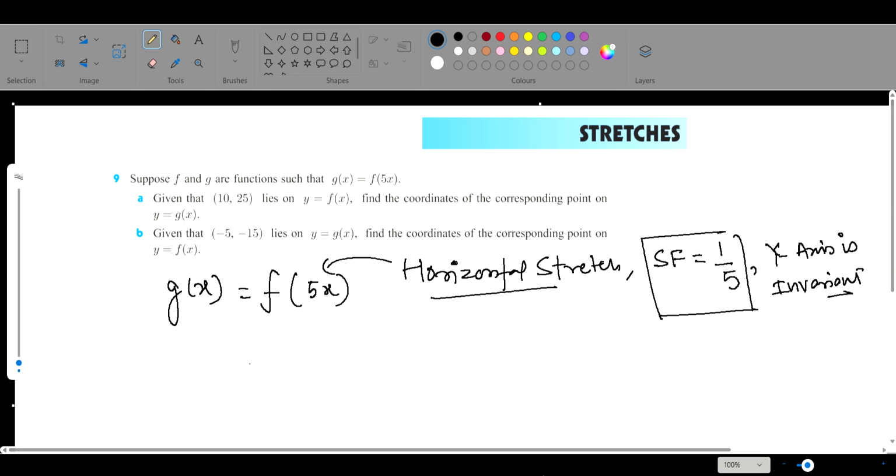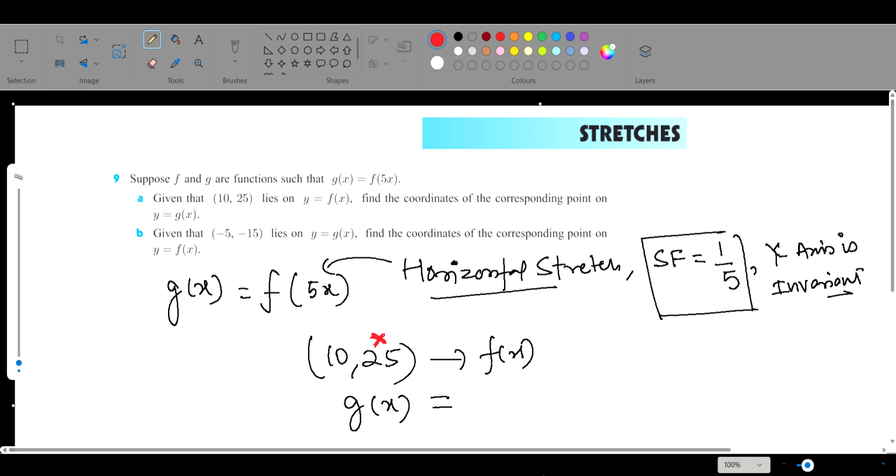So now come to the point. Given that (10, 25) lies on f(x), find the coordinate of g(x). For g(x), my y coordinate will not change.